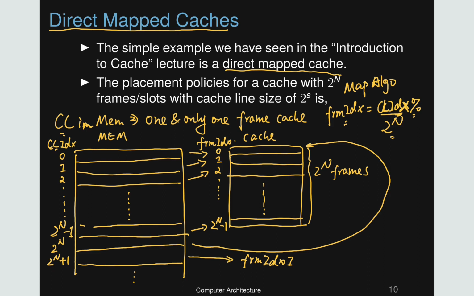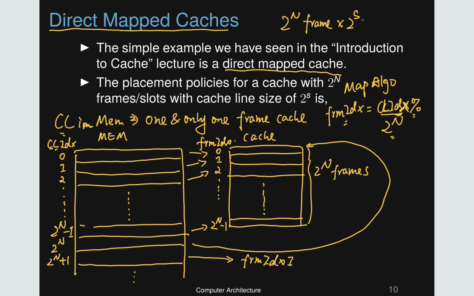And additionally, one last thing that I want to mention is that for a cache with 2 to the n frames, the effective size of this cache is 2 to the n multiplied by 2 to the s, the size of each frame, the size of each cache line, or the size of the data in each frame.